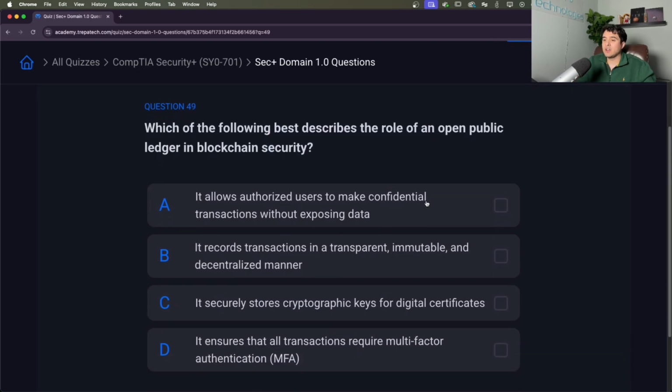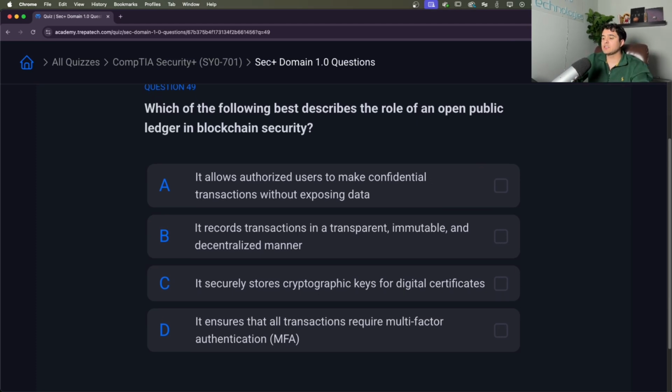Question 49. Which of the following best describes the role of an open public ledger in blockchain security? So what's secure about the blockchain essentially in a public ledger? It's the decentralization that it has. Pretty much it's all these different nodes in a decentralized computing environment that are verifying whether a hash or a token, whatever, is accurate.